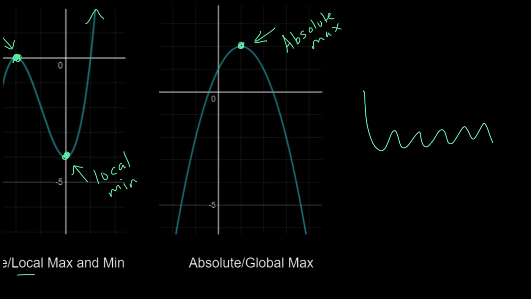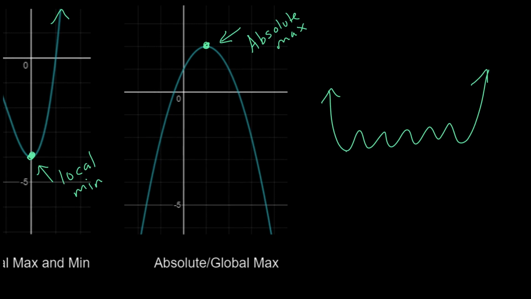So this function could have a global or absolute minimum point. Global min. Right? It will have an absolute minimum point. Will it have an absolute maximum point? No. Why not? It continues upwards on both sides over there. So it will have a global min, it won't have a global max.